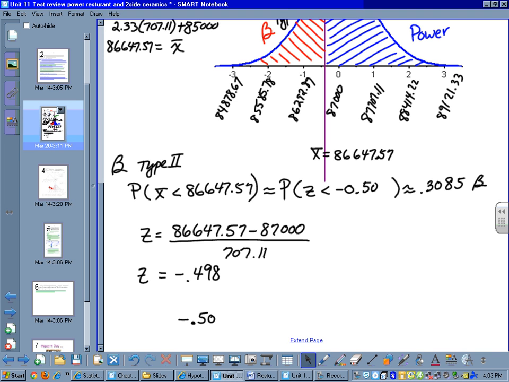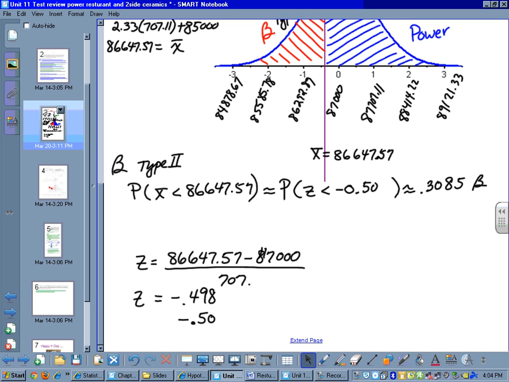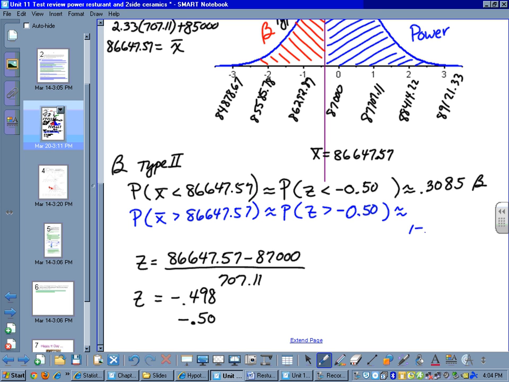And if I want to now find my power, that's easy enough done. The probability that X bar is greater than 86,647.57 is approximately the probability that Z score is greater than negative 0.50, and that is approximately 1 minus 0.3085, which is going to be 0.6915.